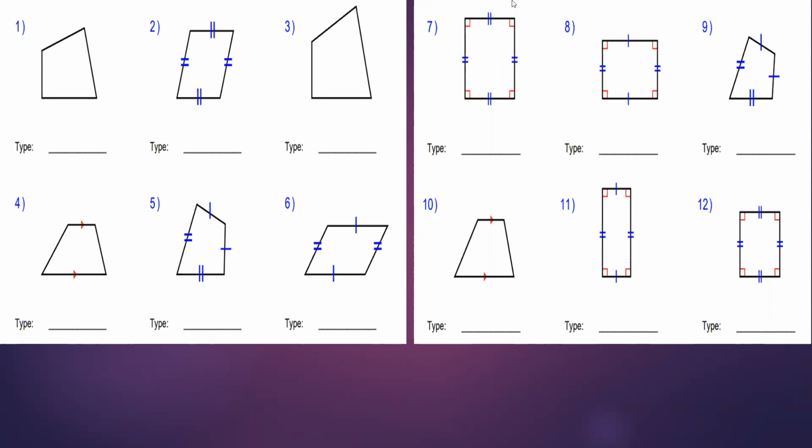Well, maybe it is, let me see. Yeah, number 1 is not a kite. Doranique.